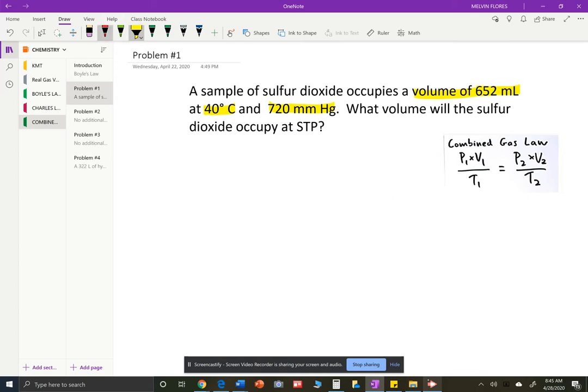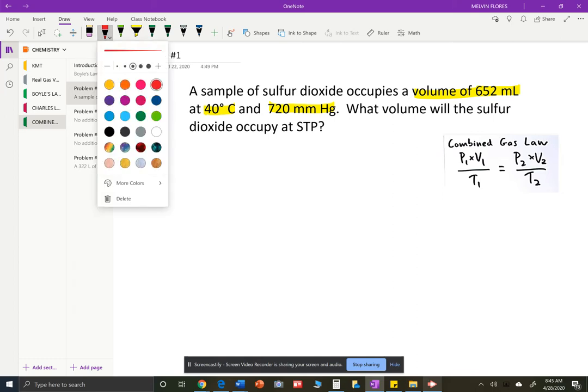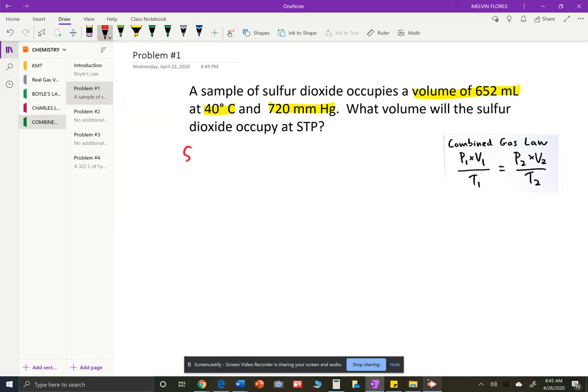Remember, when we said STP, that stands for standard temperature and pressure. And you know that standard temperature is equal to 273 Kelvin. Remember, when we're talking about temperature, we always use the Kelvin temperature.